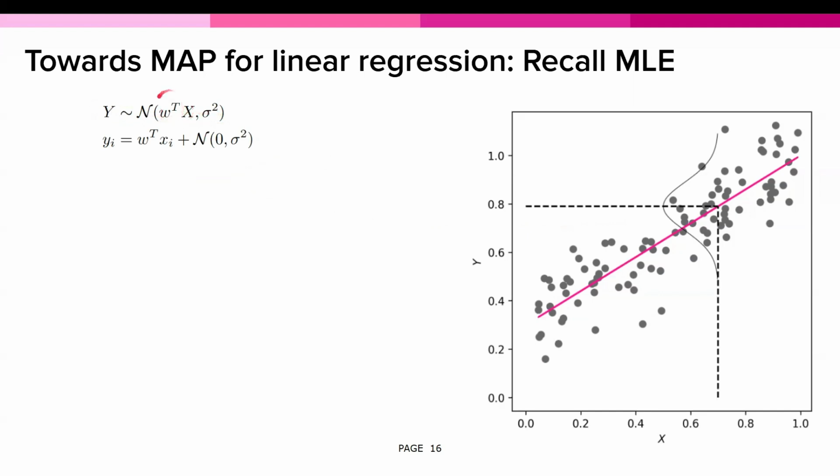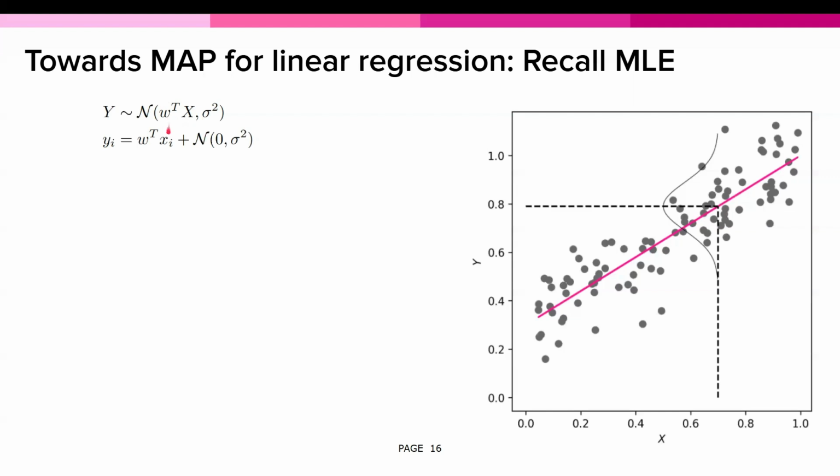But the mean of that normal distribution wasn't just a constant, it was a function of another random variable x and the parameter vector w. We modeled the mean as the inner product of w and x to align perfectly with our linear regression setup.